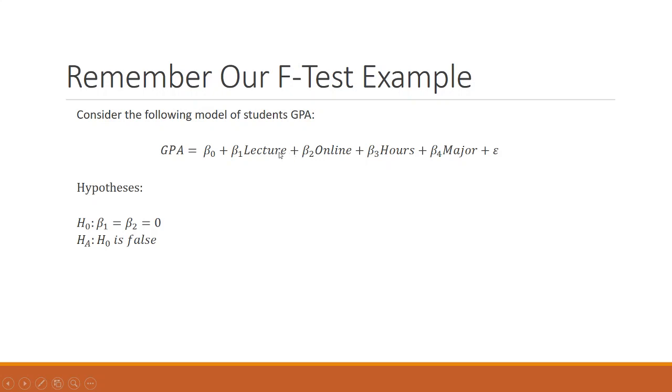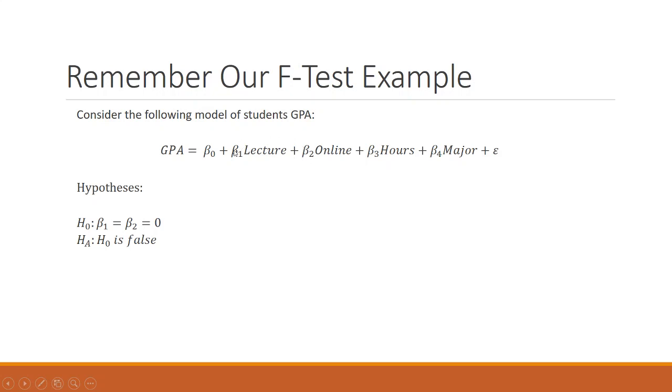When we look at this, we might say, I'm interested in whether or not the lecture format affects GPA, and I'm interested in whether or not the online format affects GPA. But I might be interested in asking whether or not the instructional format matters at all. These are both examples of instructional format. And if I am, I might want to do a joint test to see if these two are jointly significant.